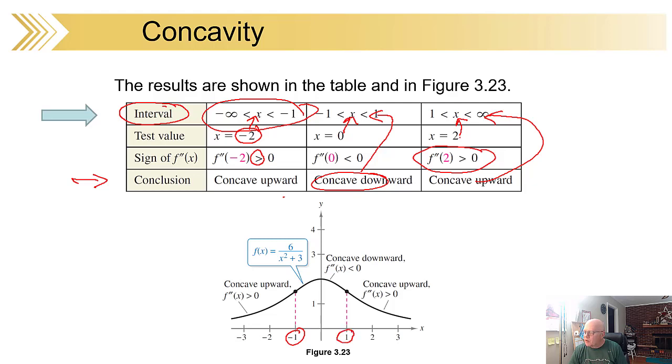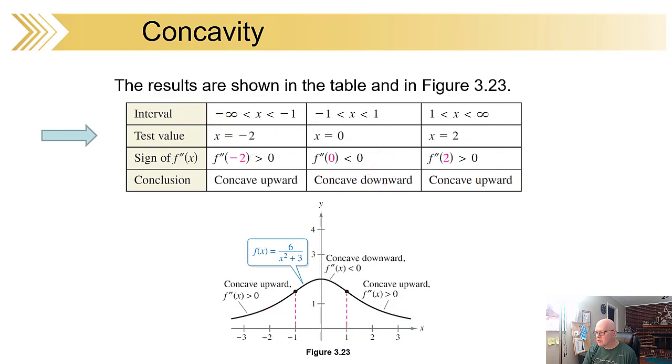Here are the intervals: interval number 1, interval number 2, interval number 3. And you use these 3 test points and just check positive or negative of the second derivative there to see whether it's concave upward or downward in those intervals.